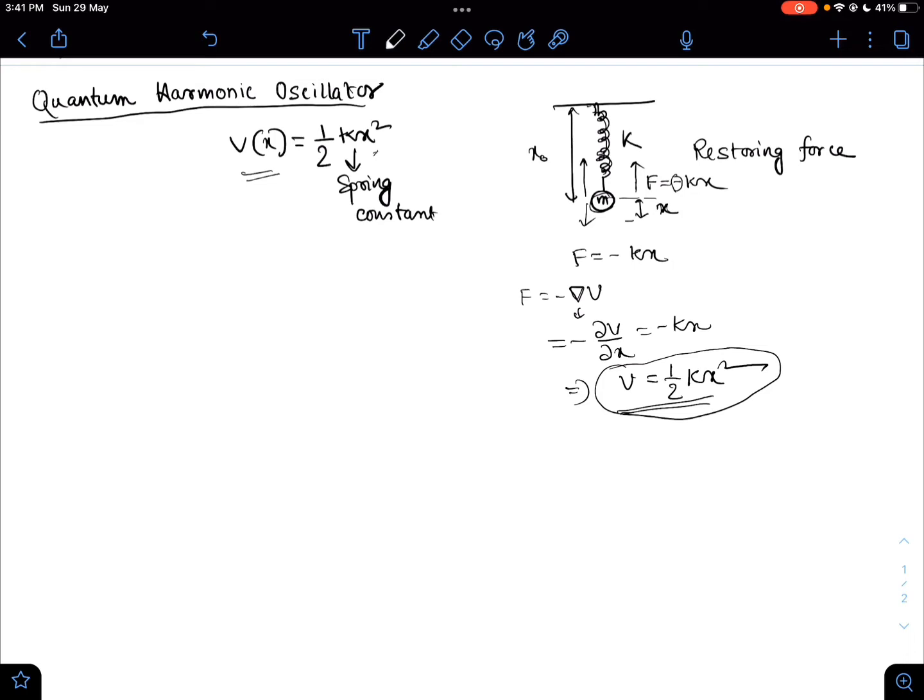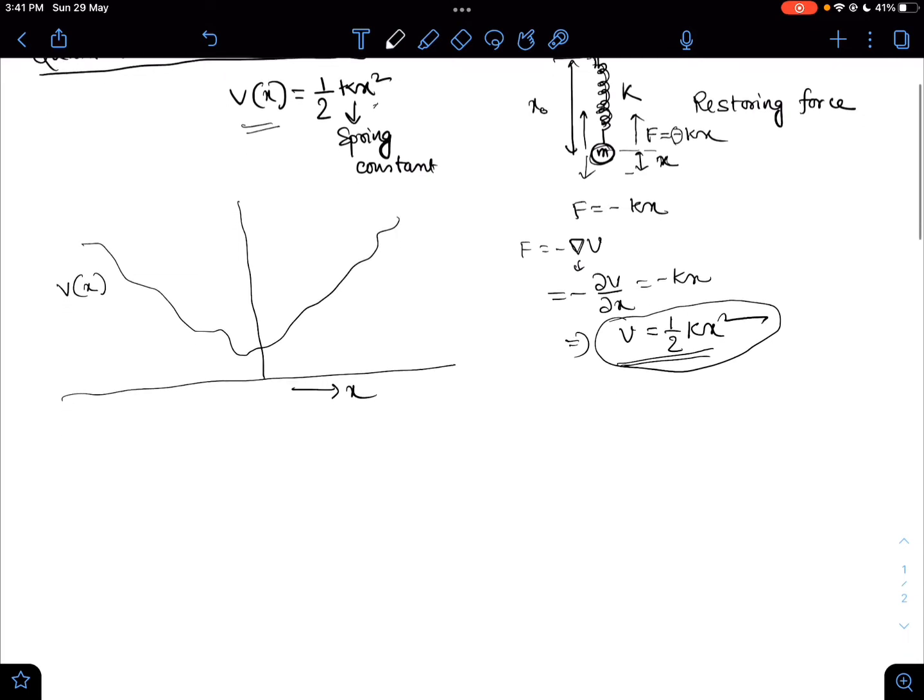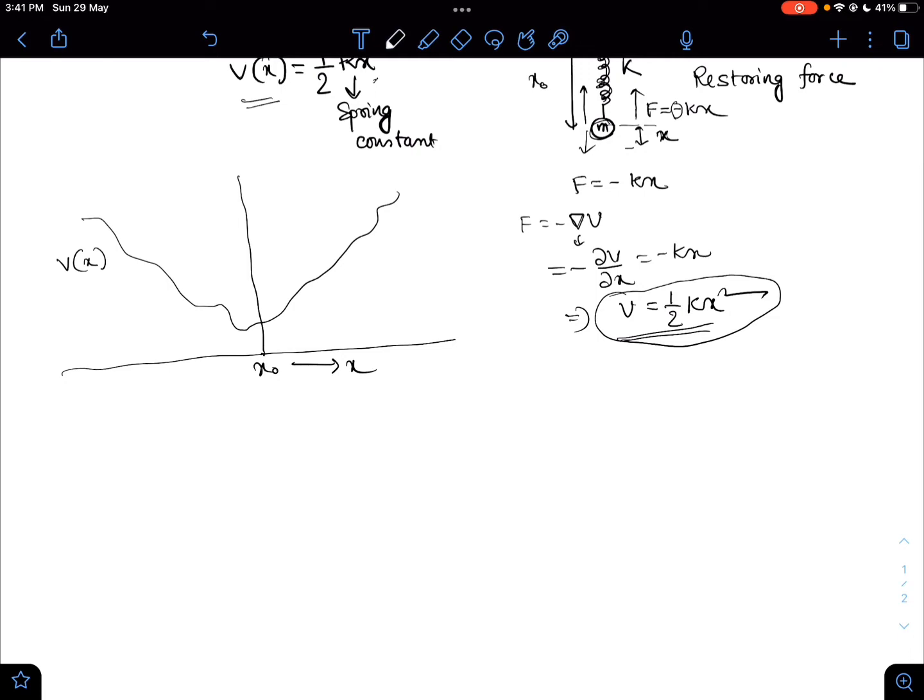Now why is this potential so important? Suppose we have a generic arbitrary potential. This is our V and this is our x, and suppose this point x0 is our equilibrium position. Around this equilibrium position, we can express the potential in Taylor expansion form.